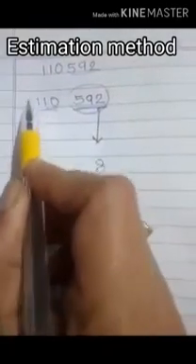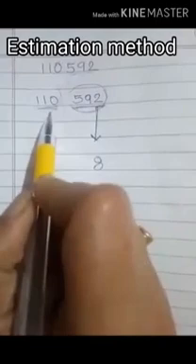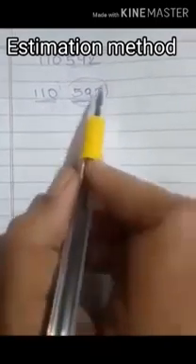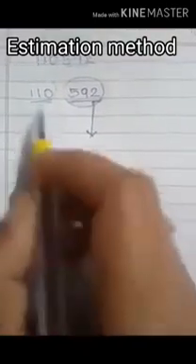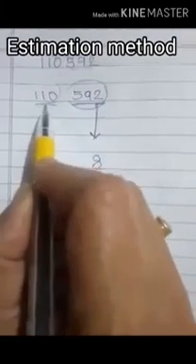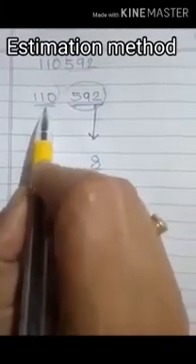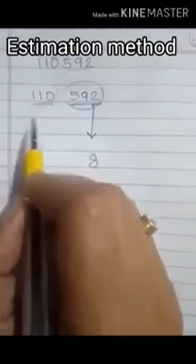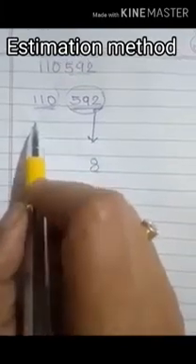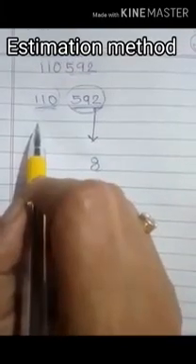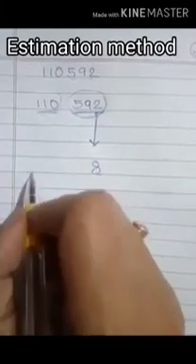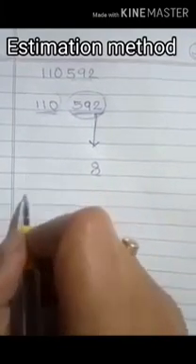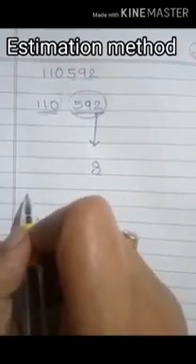Now this number is used to find out the tens digit. So these 3 digits are only used for estimating the units digit. Now coming to this number, it's 110. 110 lies in between which two perfect cubes? 1 is a perfect cube, then 8 is the next perfect cube, then 27, that is 3 cube, 4 cube is 64, 5 cube is 125.